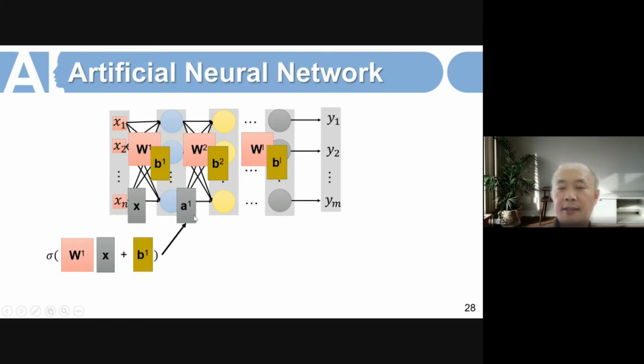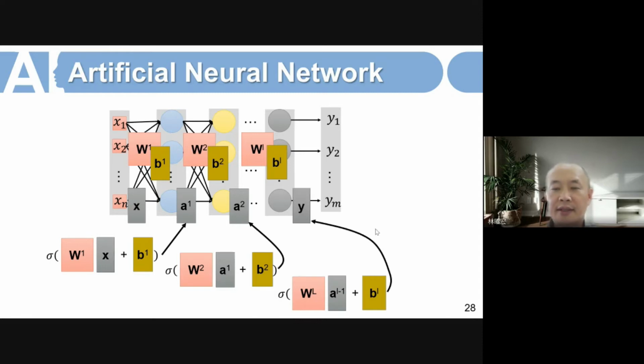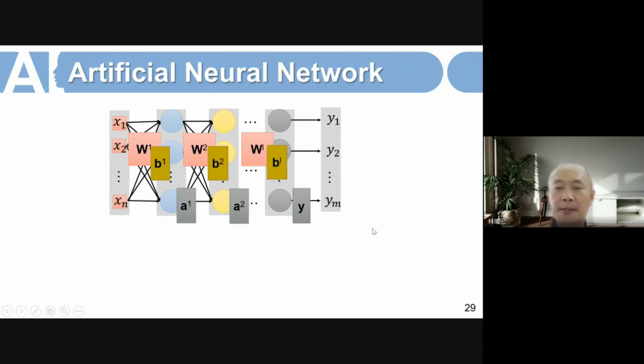And this vector passes through another layer, multiplied by matrix W2 plus biases B2, and passes through the activation function. The output will be another vector called A2. So it will be this kind of process. And the final output is Y. So we can simplify the process by this equation. Input goes to the function f, and the output is the Y vector.